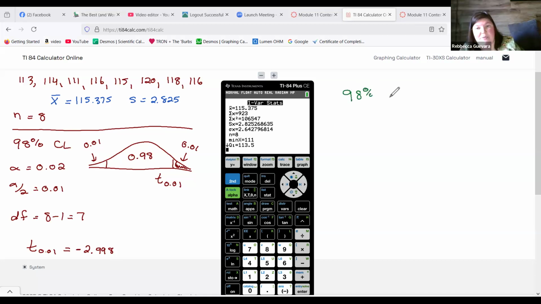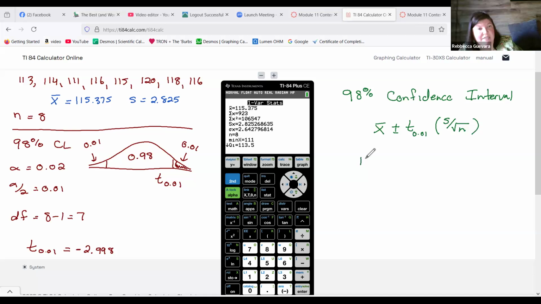So for a 98% confidence interval, remember this is going to be X bar plus or minus my t-score for 0.01, because that's what's left there, because it's a 98% level confidence, times sigma divided by the square root of n.